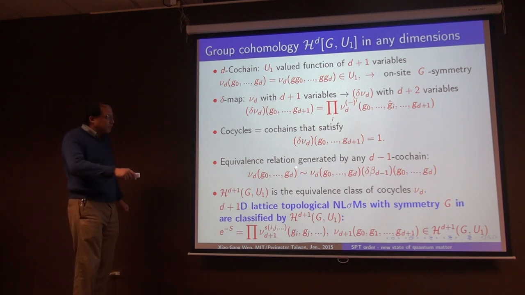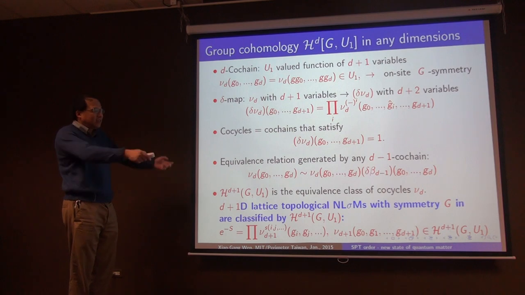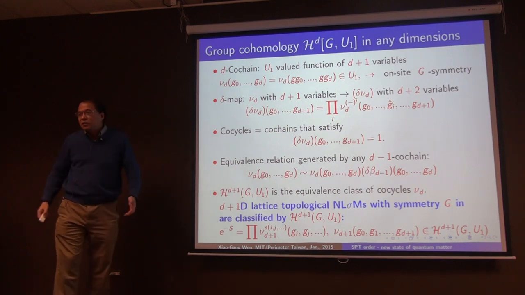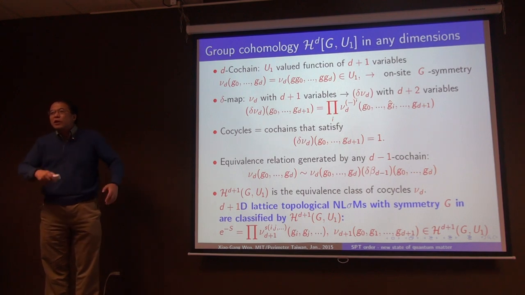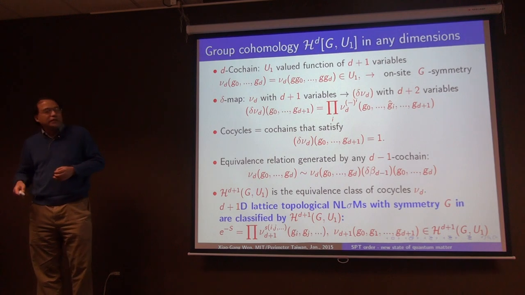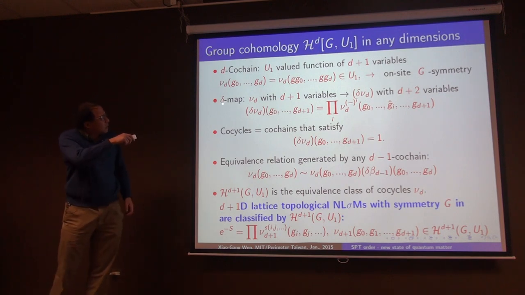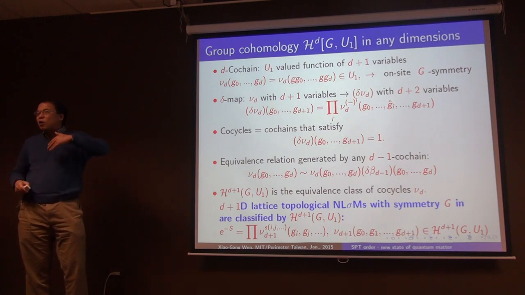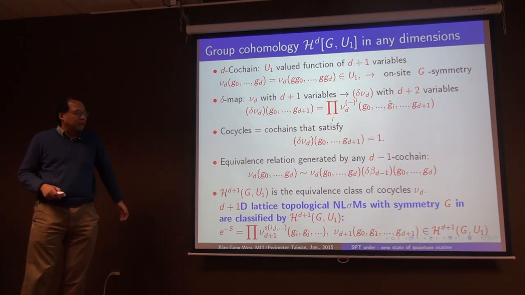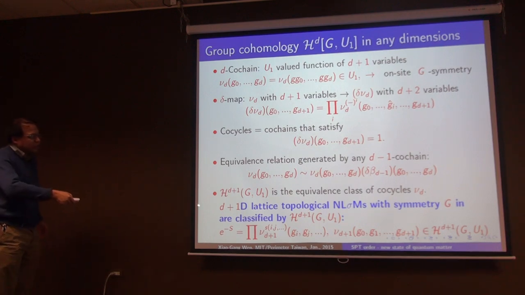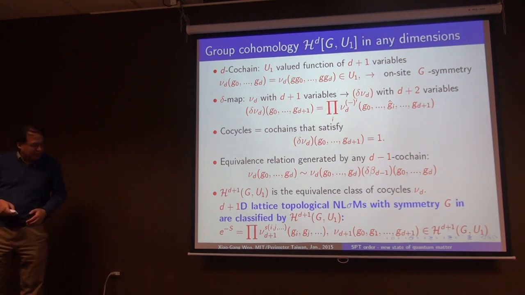So basically, if two cocycles differ by a delta map of something, then it is a coboundary, so they differ by a coboundary, and they are equivalent. And so this delta map defines the so-called cochain complex. It is kind of like a derivative. That's how mathematicians view group cohomology. Okay, so in this way we can obtain the group cohomology in any dimension.